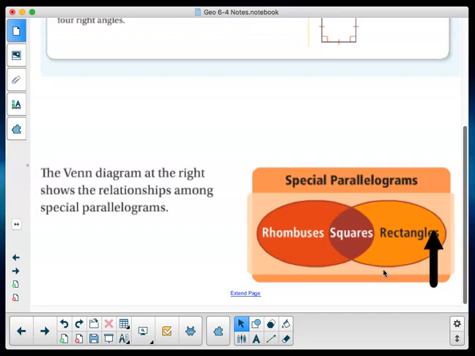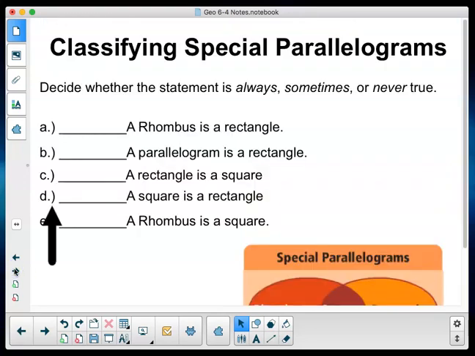Because all rectangles and all rhombuses are together here, we know that the squares are in both. Remember, some rectangles are squares, some rhombuses are squares, and squares can be classified as both a rhombus and a rectangle. So now, with that idea, decide whether the statements are always, sometimes, or never true.